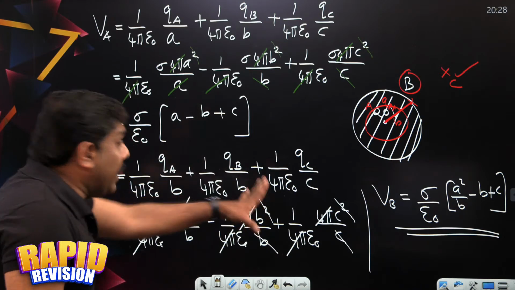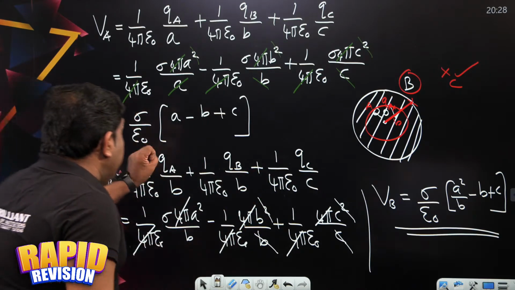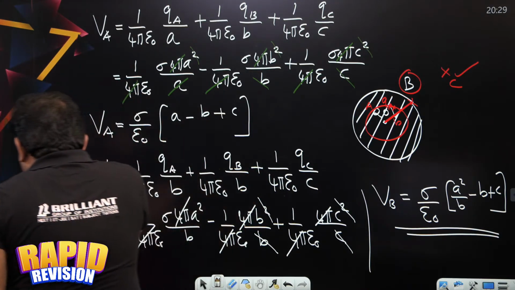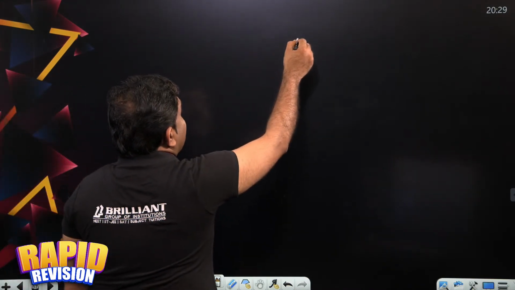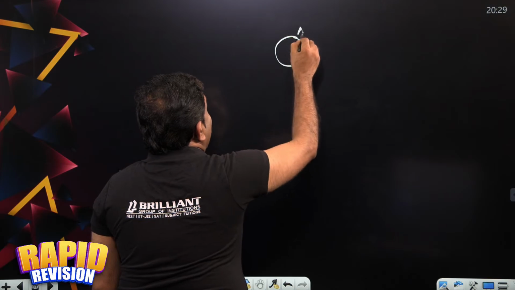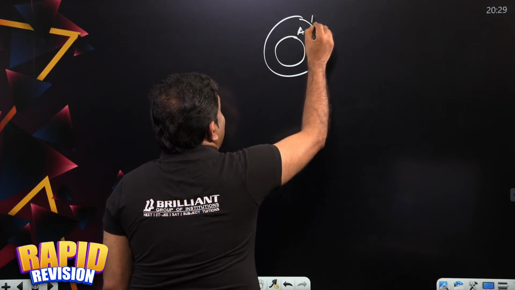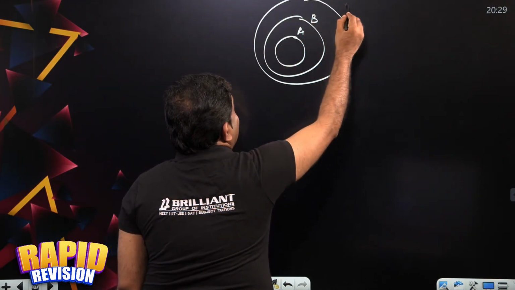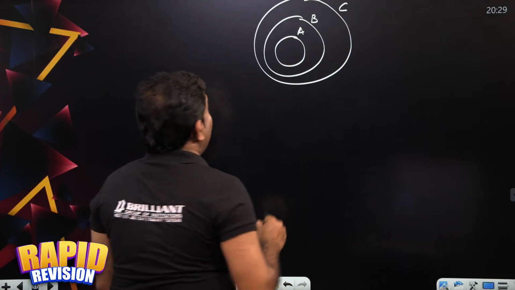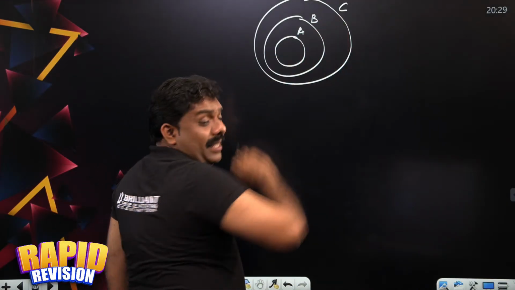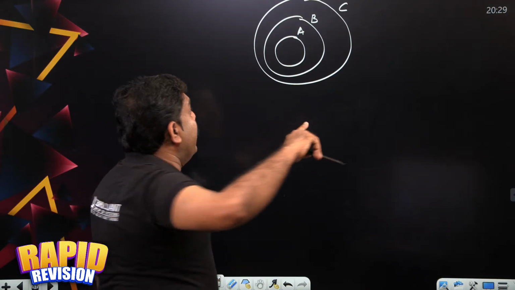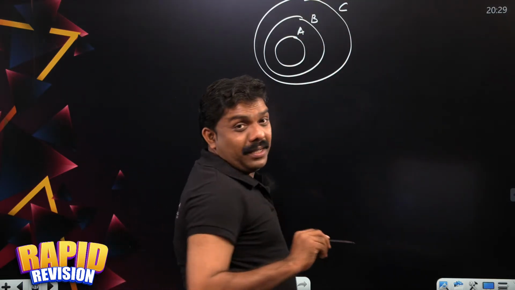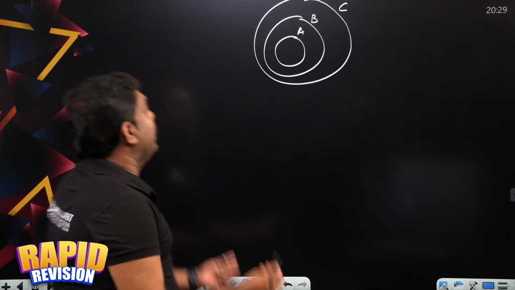In the same manner, I want to find VC also. Let me explain how I will find VC. In the case of VC, A is inside, B is inside, and C is the shell currently. So what is the formula? QA by C, since inside is the same as on the surface. So QA by C, QB by C, and QC by C will be there.